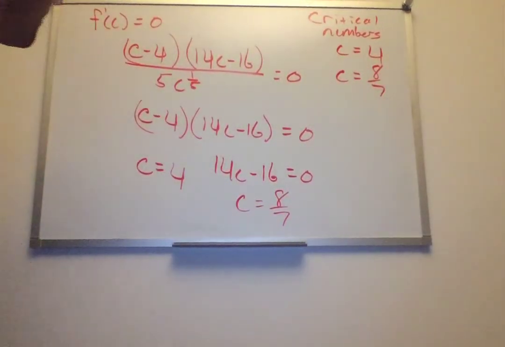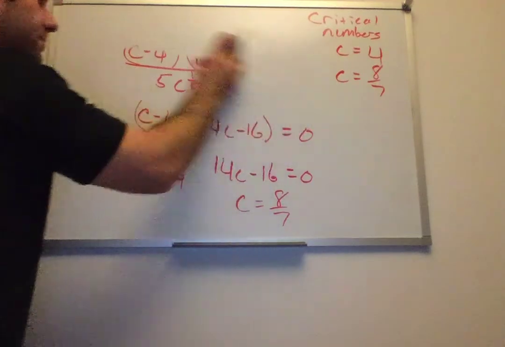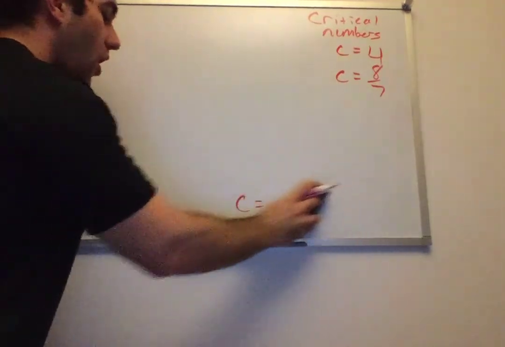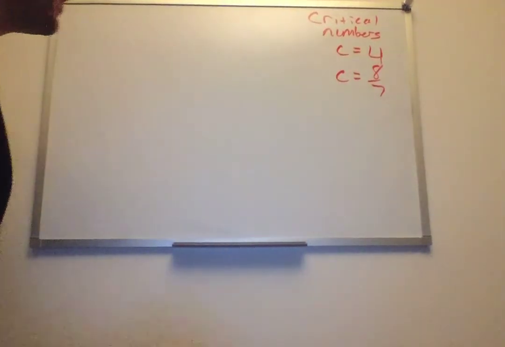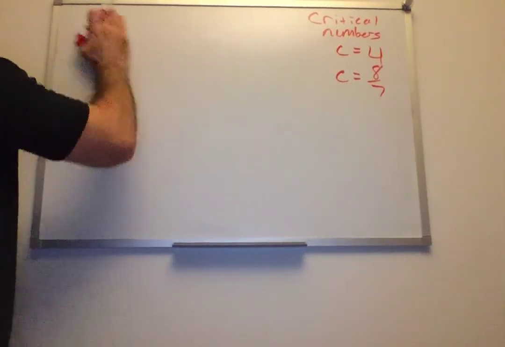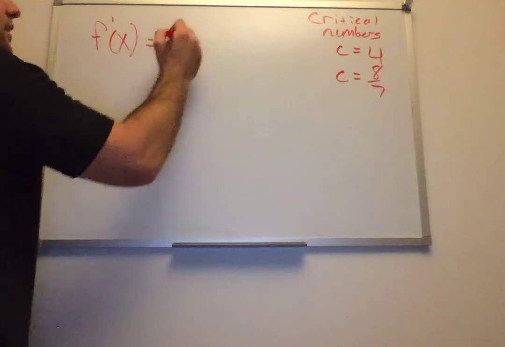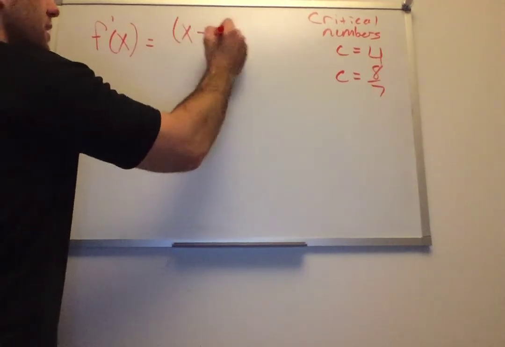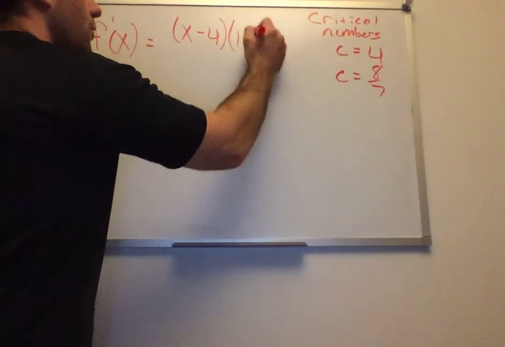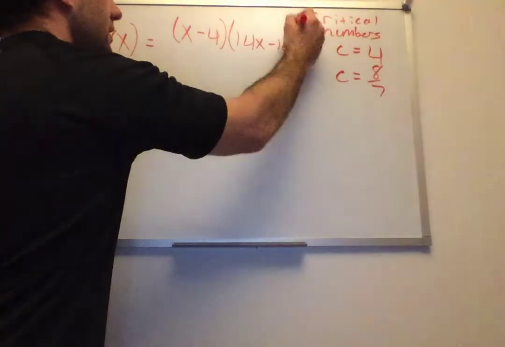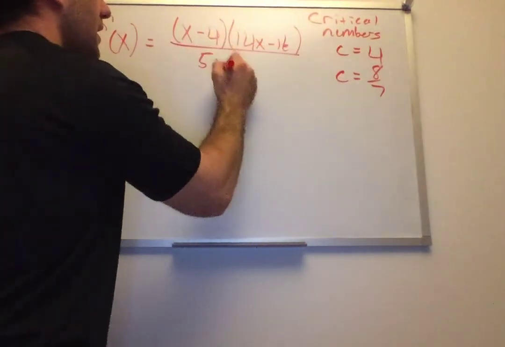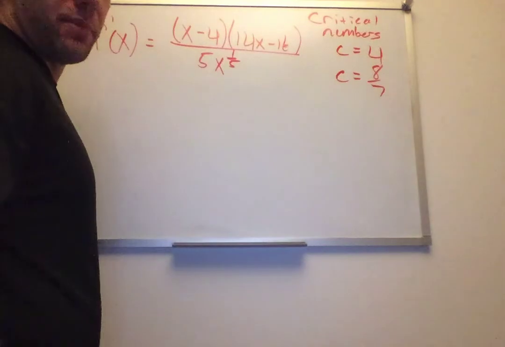There is another critical number. All we did was find where the derivative was equal to 0. Here's our derivative again. Equals (x minus 4) times (14x minus 16), all divided by 5x to the 1/5 power.